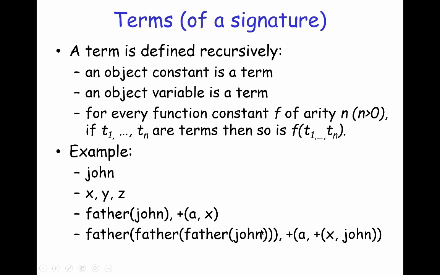In the same way, x plus John is a term, and a plus x plus John is a term. Of course, it may not make sense. How do you add something to John? But that's not our concern now, because we are just defining the syntax. The semantics will actually distinguish whether this is meaningful or not.